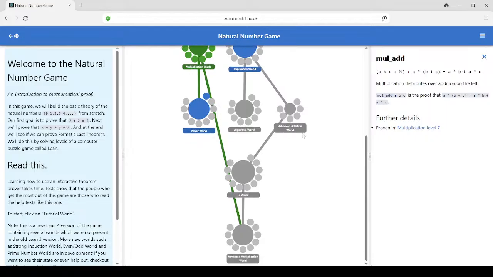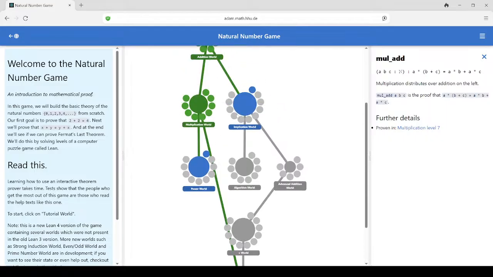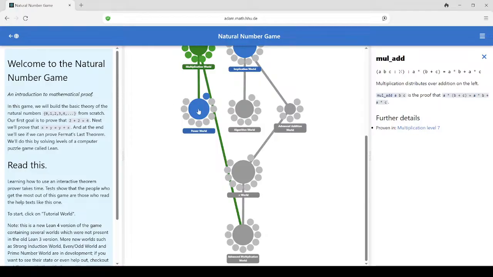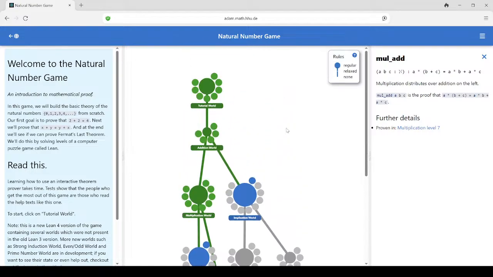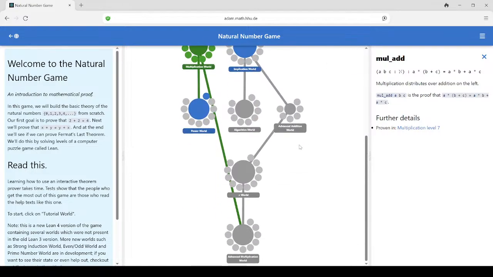Now I guess the question is, do I want to 100% the game before I beat the final boss, or do I want to go ahead and get the final boss and then go and do all the extra stuff?